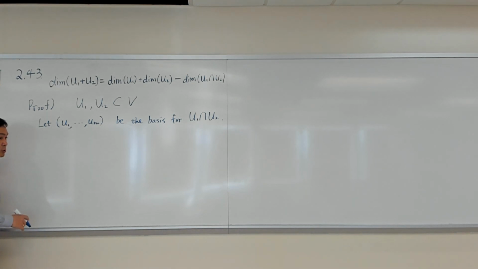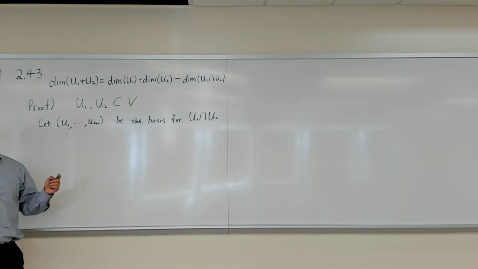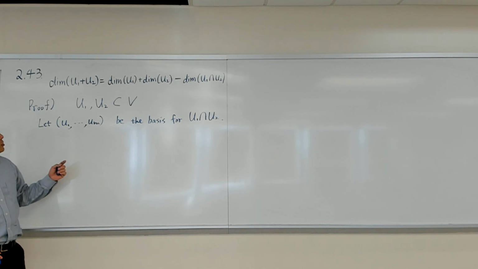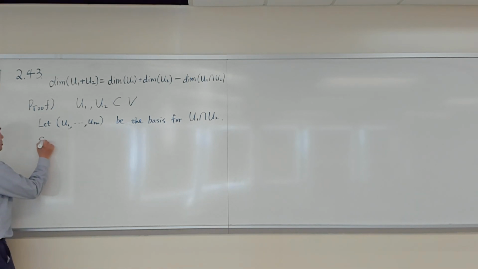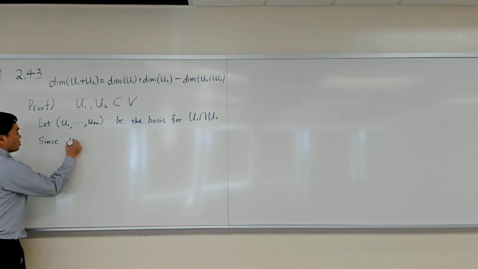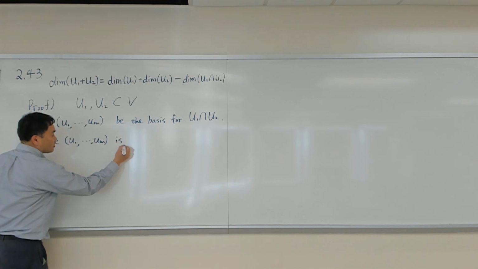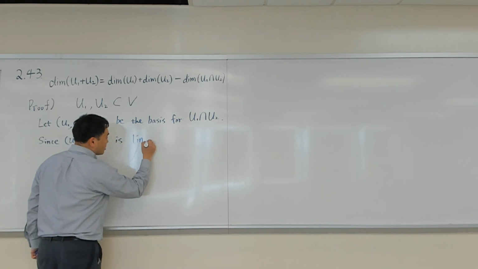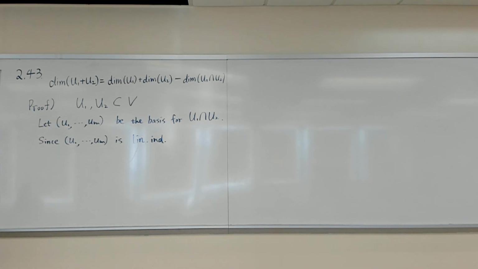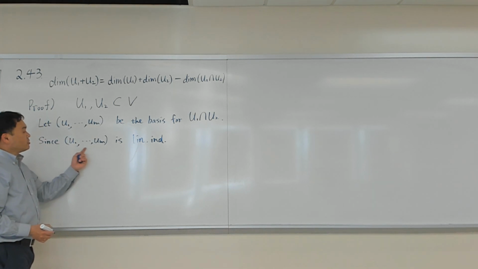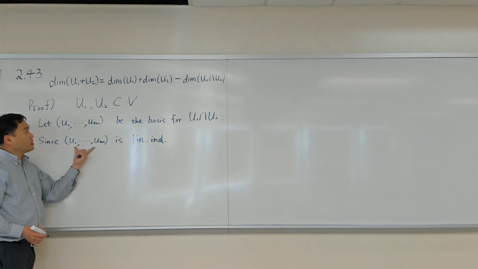We also proved last time that if you have any linearly independent list, then you can extend it to a basis. Since u1 through um is linearly independent, not only are these linearly independent in U1 intersect U2, this is also in each one of them.